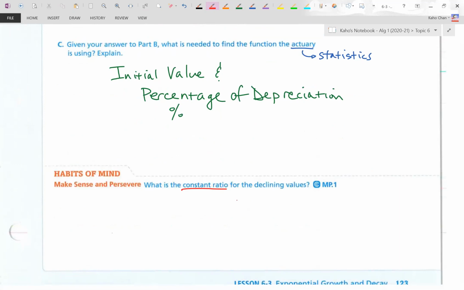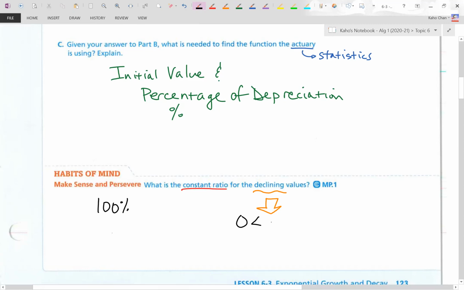So we do start at 100% initially. Our constant ratio, because it's going down, is somewhere between 0 and 100%. Make sense? I mean, that's kind of obvious. So here is referring to between those two numbers.